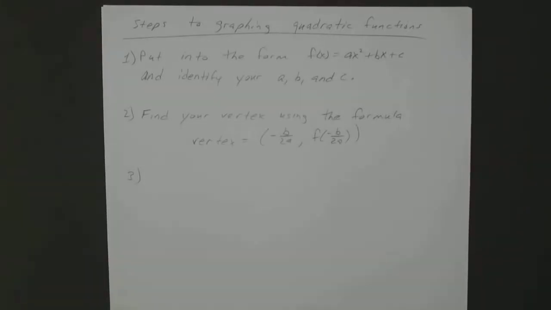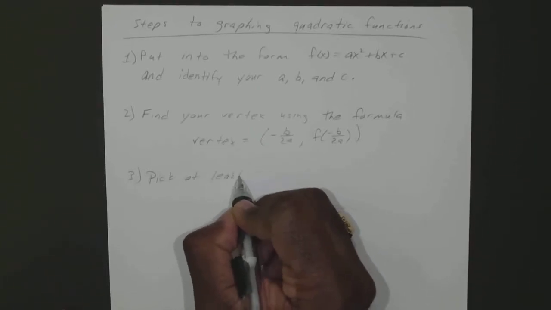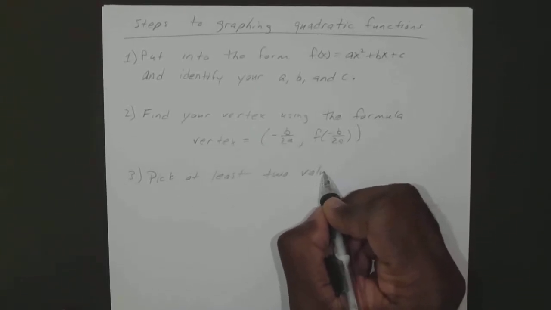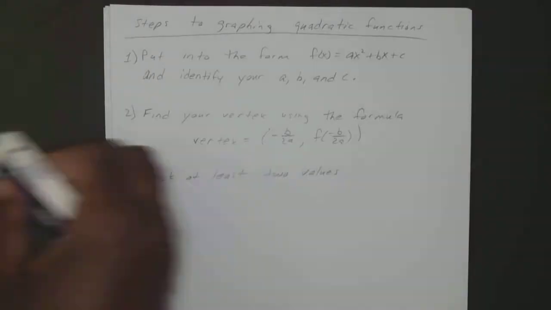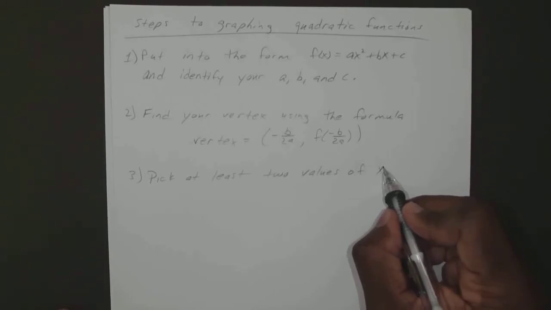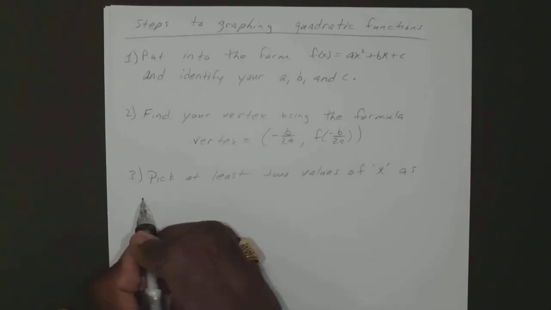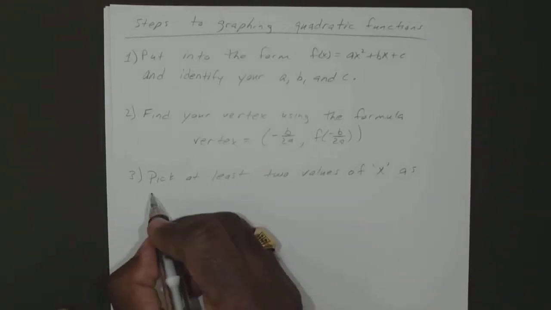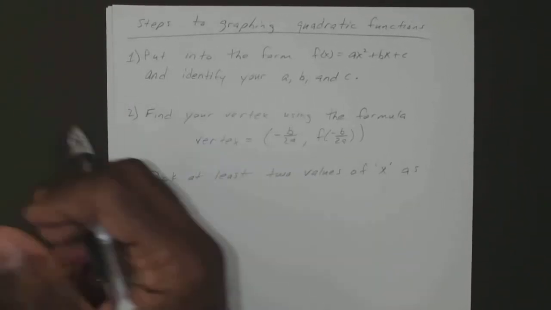Okay, so your third step is you want to pick at least 2 values to plug in for your x so you can graph it. You can call them coordinate points or points on your graph.